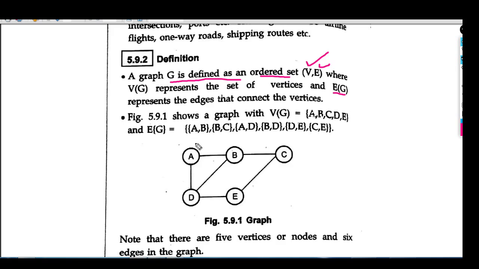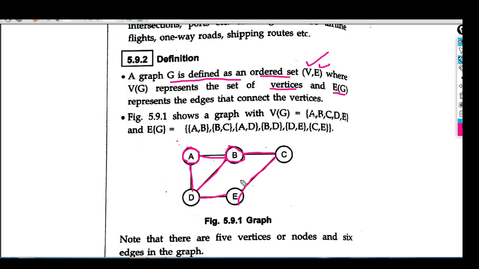In this figure, if you observe, there are different nodes, which we see as circles. We called them nodes, child or root in a tree, but in a graph we give them a different name, and that name is vertices. So in this graph, A, B, C, D, E are called vertices, and the lines joining them are called edges. So this is the edge BC, this is the edge CE, and this is the edge DE, right?